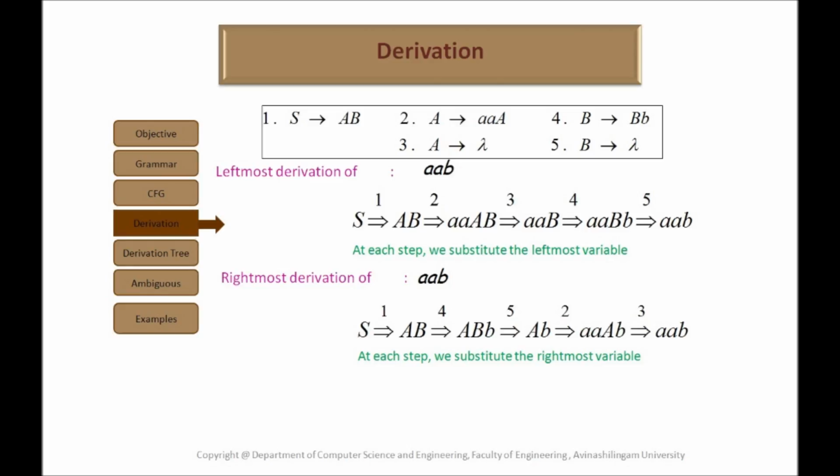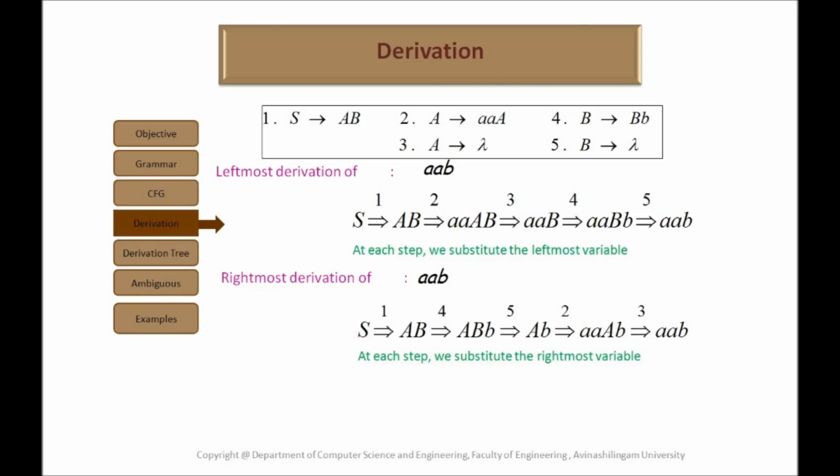Here A is the leftmost variable again. So using production 3 it has to be replaced. So it becomes AAB. Here B is the leftmost variable. It has to be replaced by production 4. So it becomes AABB. Here B is the leftmost variable. It has to be replaced by production 5, lambda. That is, it becomes AAB.